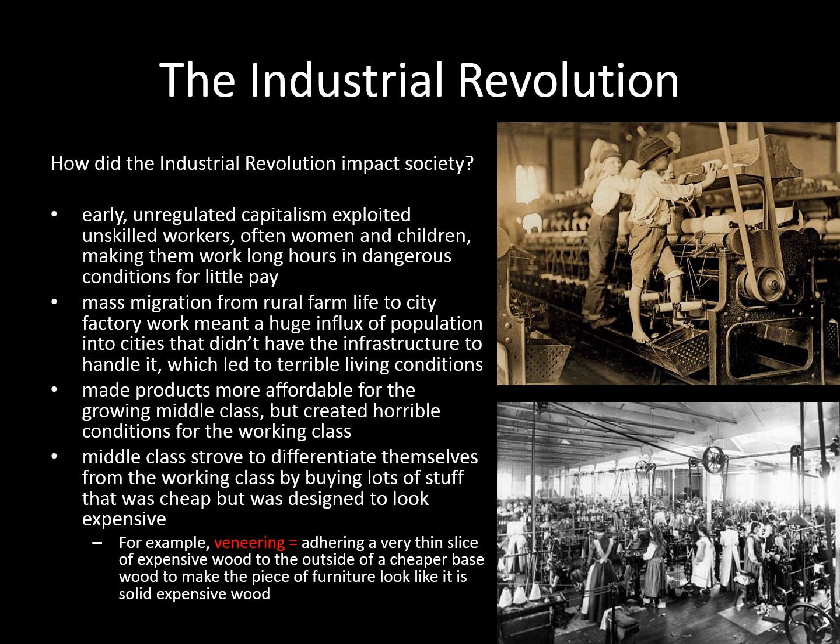And the idea is, of course, to make the piece of furniture, like the table, look like it's solid mahogany, for example, instead of just a very thin layer of mahogany over pine or whatever cheaper material. And so that's kind of the idea of it, right? Is to make something look more expensive than it really is.